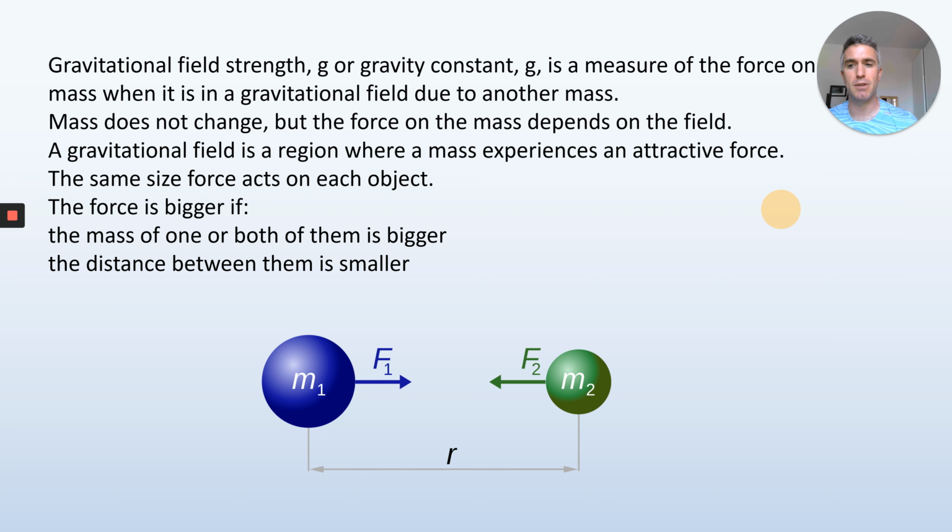Mass does not change, but the force on the mass depends on the field. A gravitational field is a region where a mass experiences an attractive force. The same size force acts on each object. The force is bigger if the mass of one or both of the objects is bigger and the distance between them is smaller. Let's go through that.